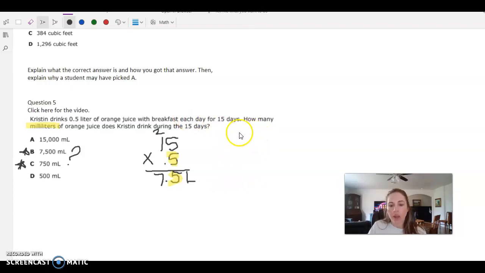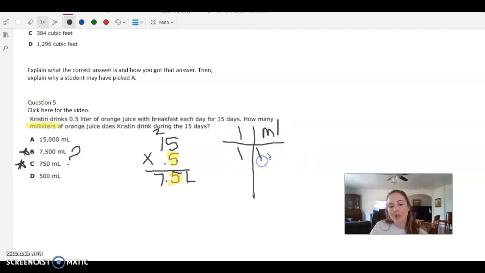So we are converting measurements, which means we need to create a T-chart. I put my bigger measurement on the left, smaller on the right. That's how it is listed in your STAR reference materials. A 1 always goes under the bigger one. And then I need to look and see, how many milliliters are in a liter?